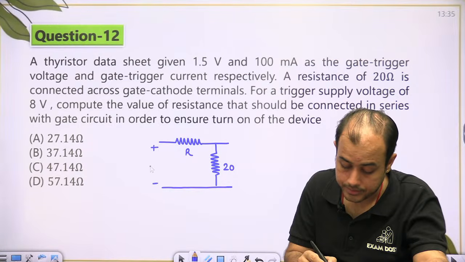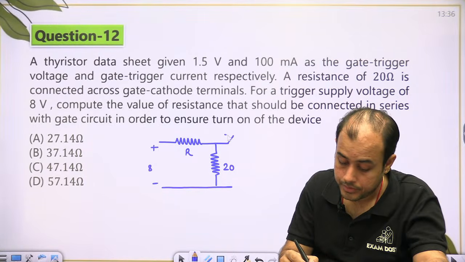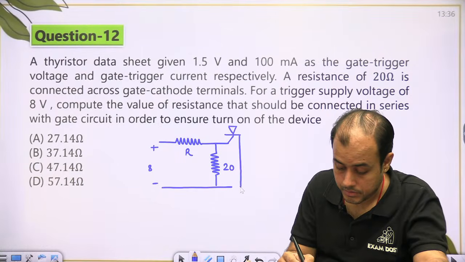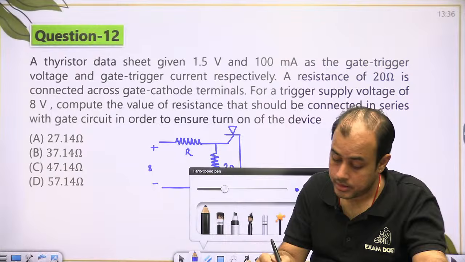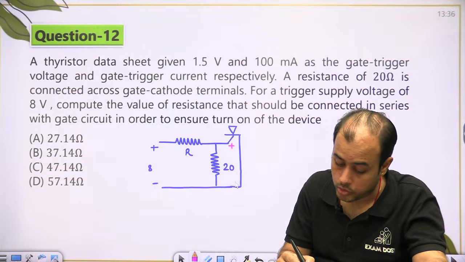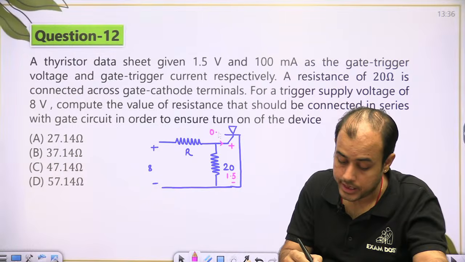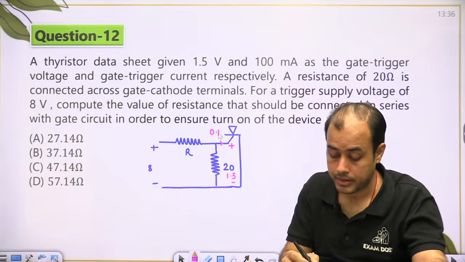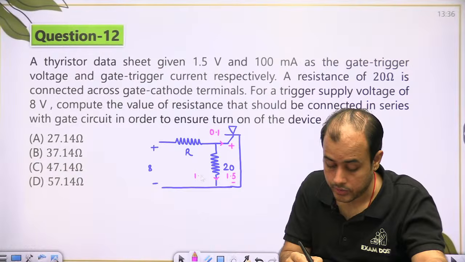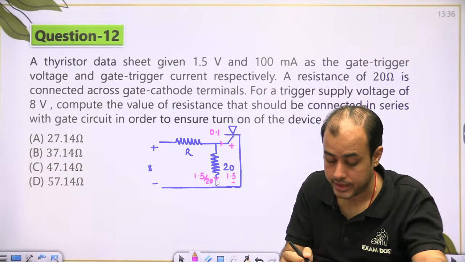Want this R. Okay. So the gate to cathode voltage is 1.5. This is 100 milliampere, or you can say 0.1. So this current will be 1.5 by 20.